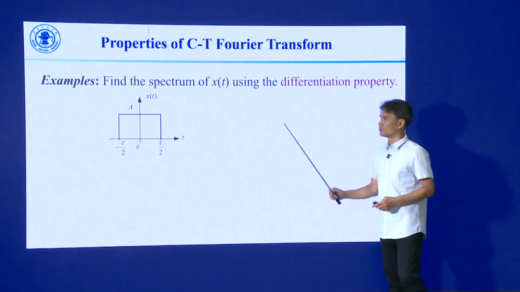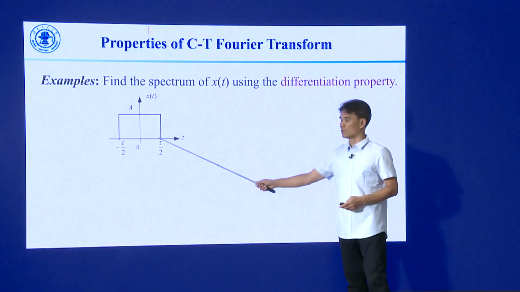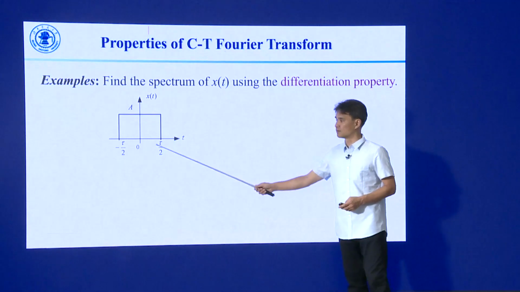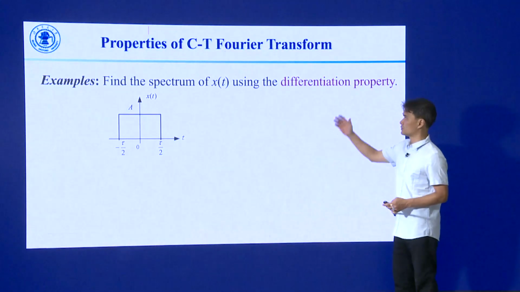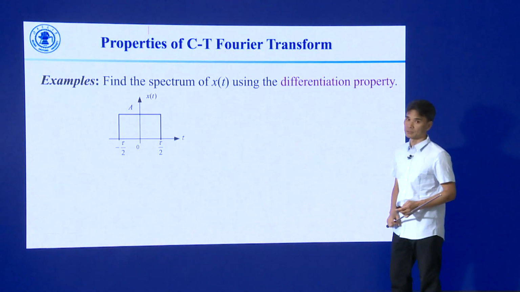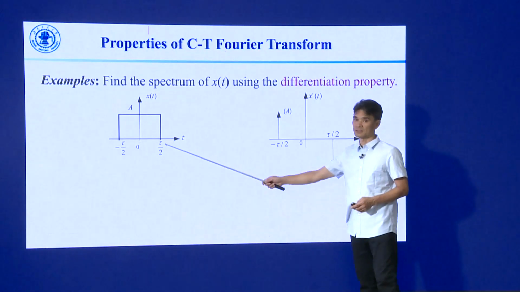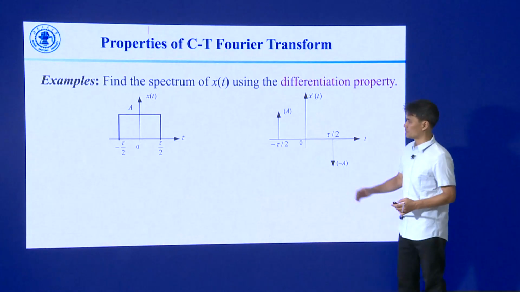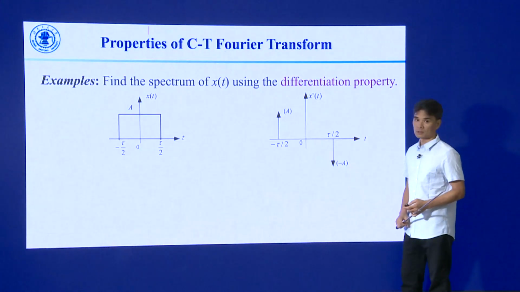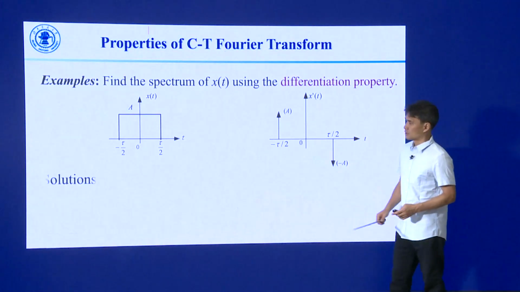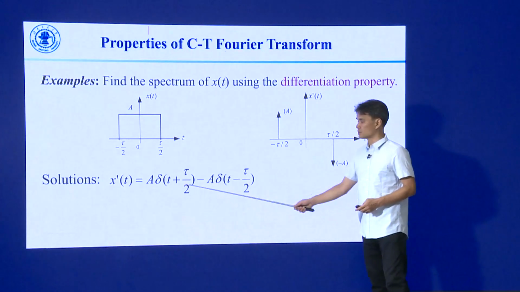In this example, we ask people to calculate the spectrum of the rectangle signal, but you have to use the time differentiation property. What we can do is calculate the first derivative of the waveform, and here is the resulting waveform. It's a sum of two delta functions.